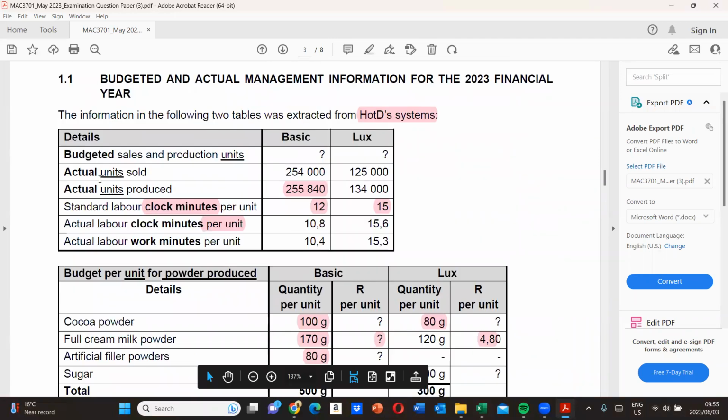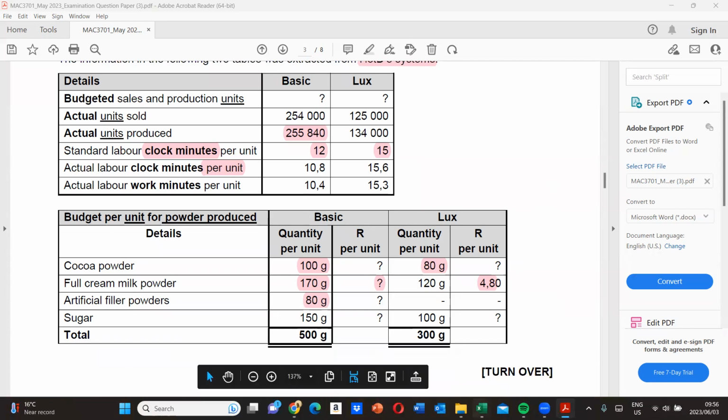The standard clock minutes per unit is 12. It all depends, but that's what I assume possibly they did. I'm not 100% sure how they were marking, but in most circumstances that's what they do. Anyway, let's leave it to the markers.